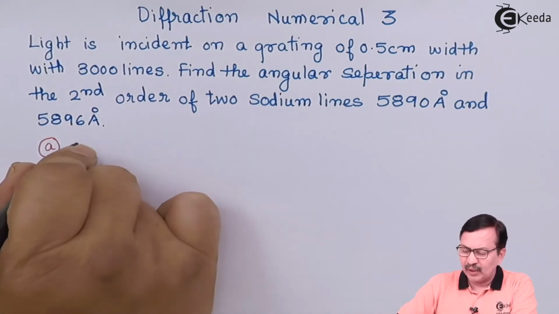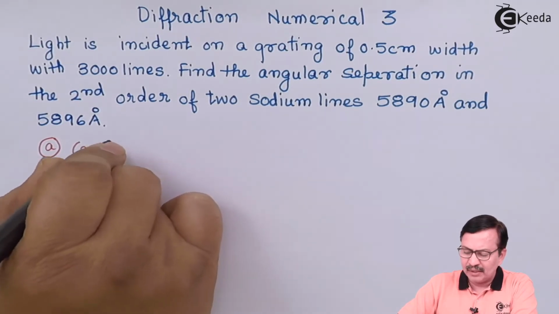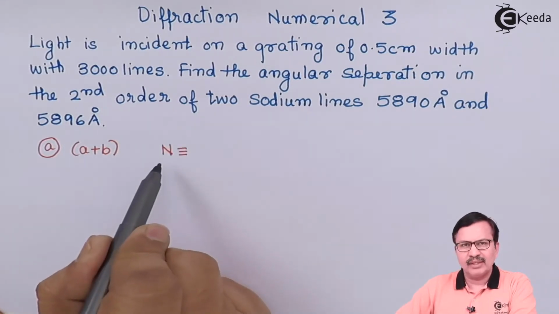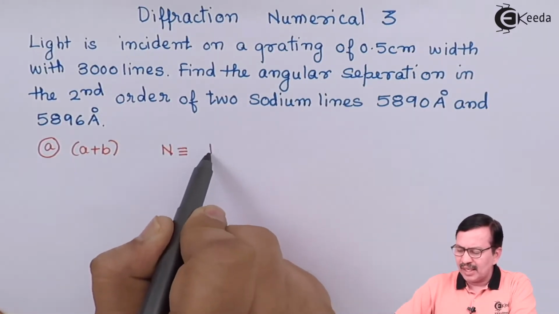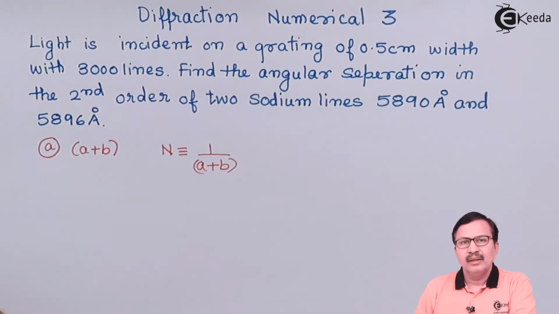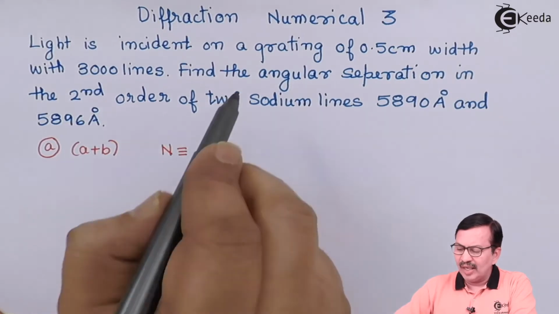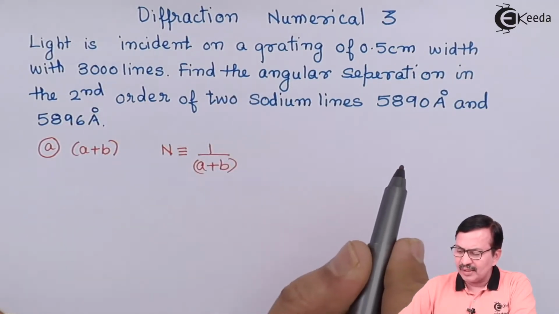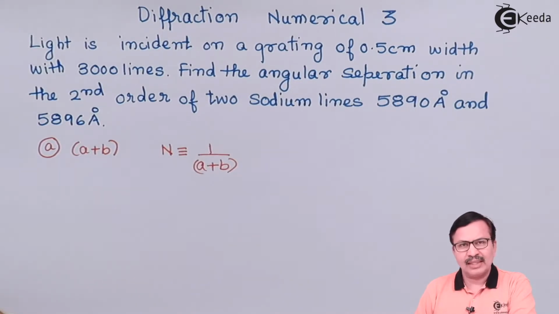First, we need to find out A plus B, which is the grating element. In order to find out the grating element, you know that the total number of lines per centimeter N is equal to 1 upon A plus B. Now we have been given that this is 0.5 centimeter width with 3000 lines.